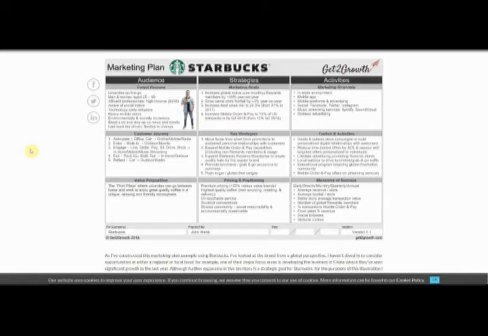So what's your goal? What are you trying to achieve? Think about the KPIs, the core metrics that you're trying to achieve by undertaking this marketing work. And you can see a bit more information about key strategies and pricing and positioning that we briefly mentioned on the previous slide. And then we're moving on to the activities.